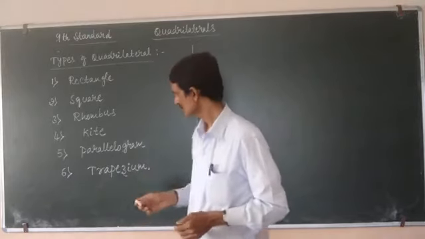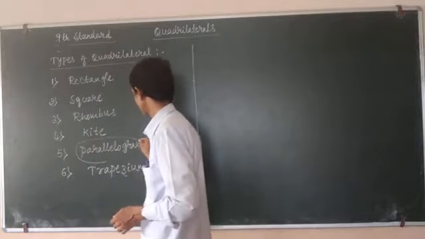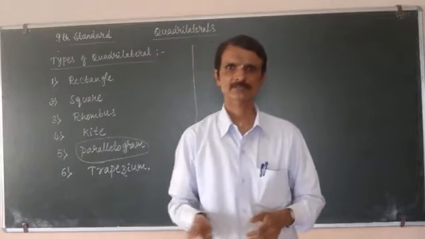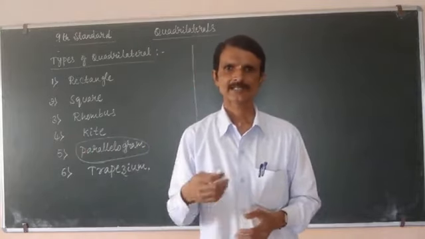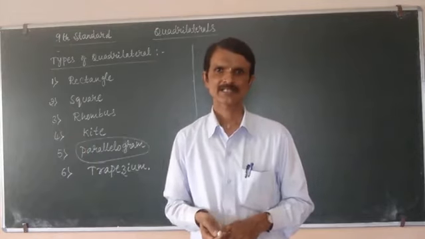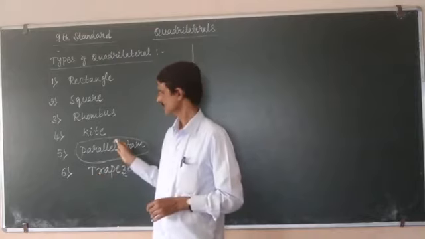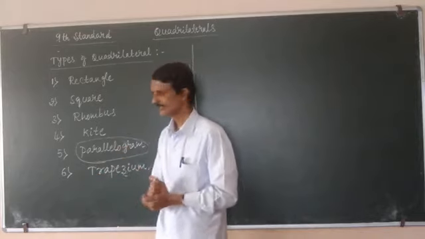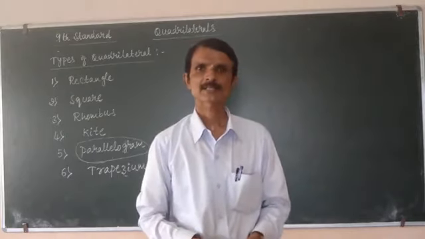We are going to study especially the parallelogram. Depending upon the different properties of the parallelogram, that is angle property, diagonal property, side property, we can study the different types of quadrilateral, which we will see in the next class.